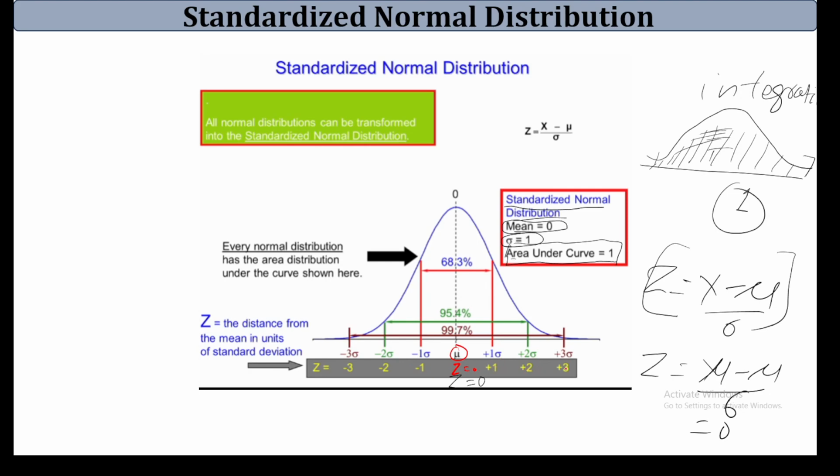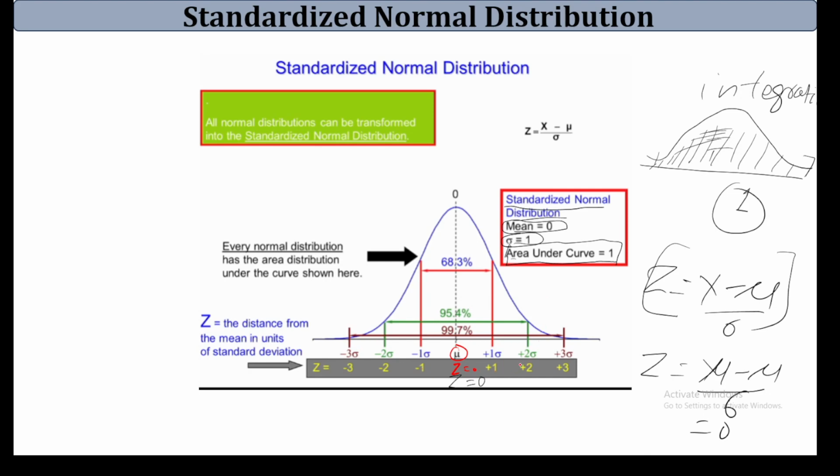Whenever z is equal to plus or minus 1, that is minus sigma to plus sigma, it gives the values for 68.3% only. If you go minus 2 to plus 2, it gives 95.4%. If you go minus 3 sigma to plus 3 sigma, 99.7%.